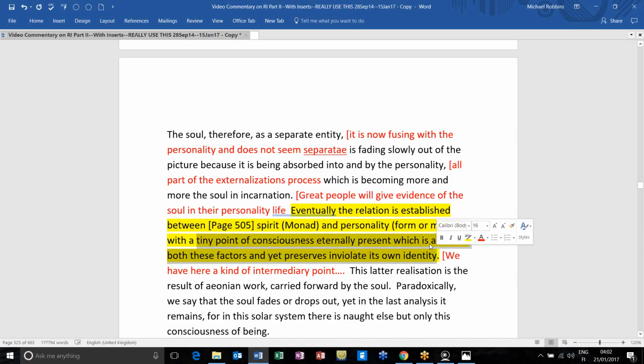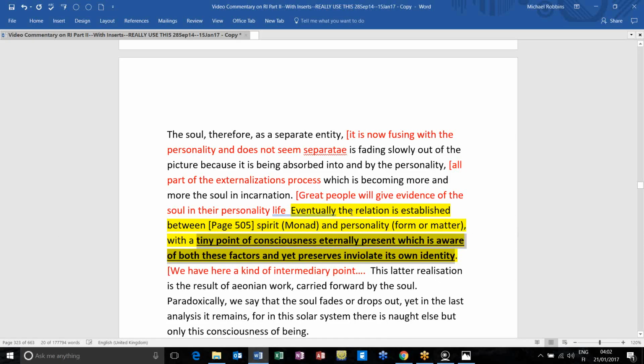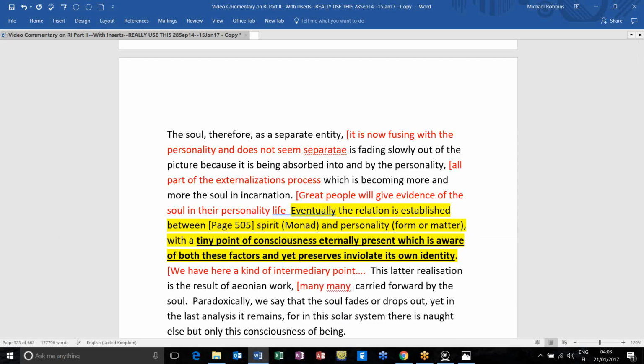And I suppose, obviously this is before we've really become totally the monad. This latter realization is the result of aeonial work through many, many cycles carried forward by the soul. The solar angel, okay, many, many cycles.